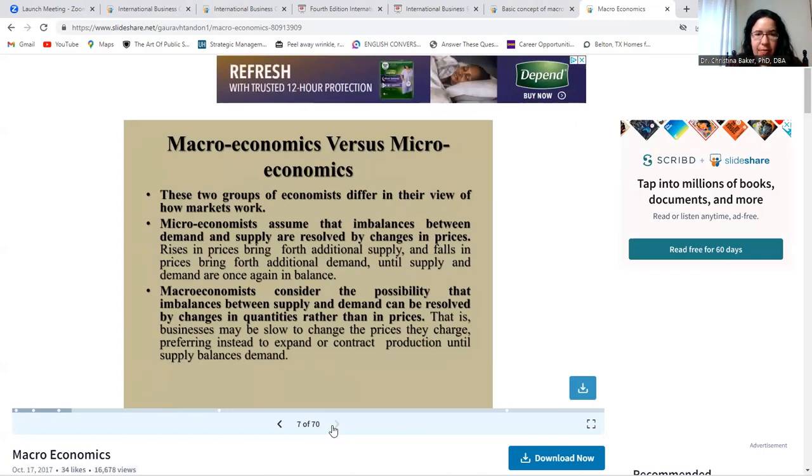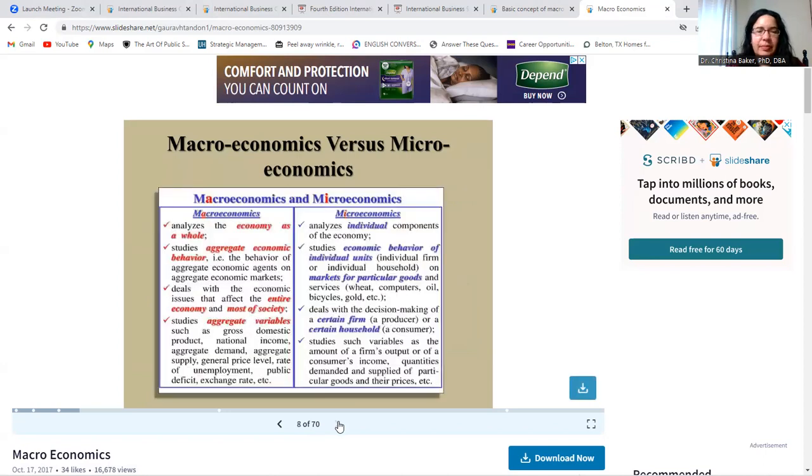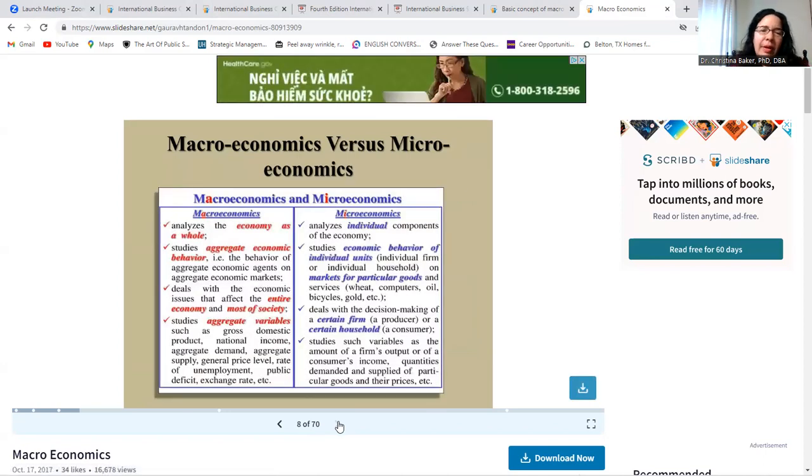Macroeconomists consider the possibility that imbalances in supply and demand can be resolved by changes in quantities rather than in prices. That is, businesses may be slow to change the prices they charge, preferring instead to expand or contract production until supply balances demand.